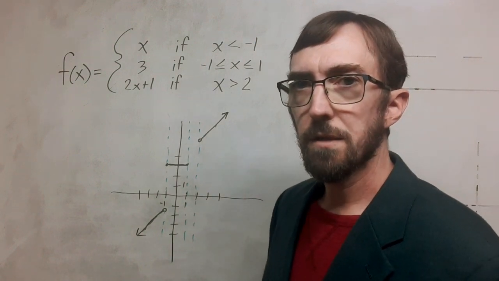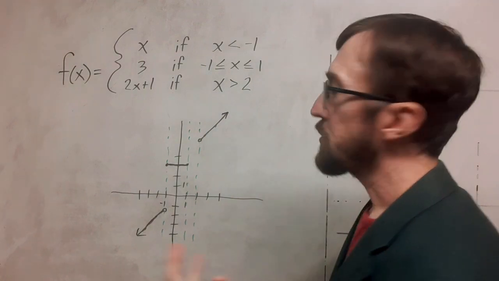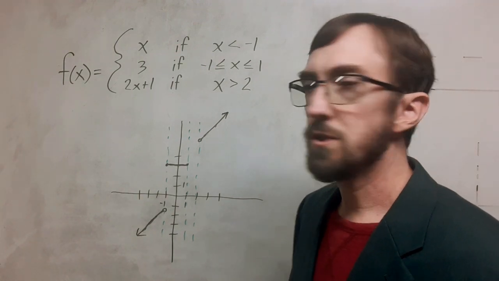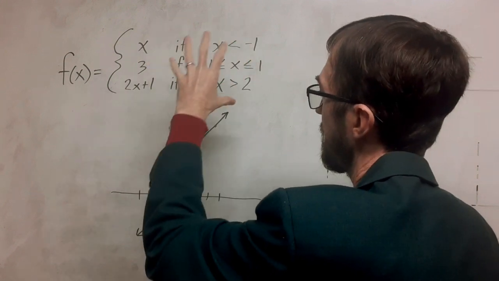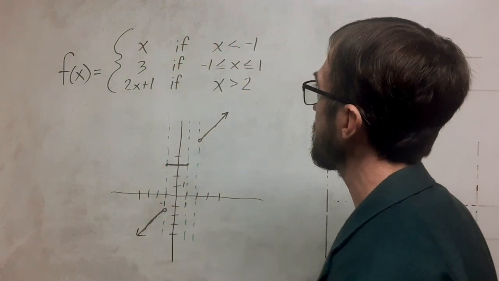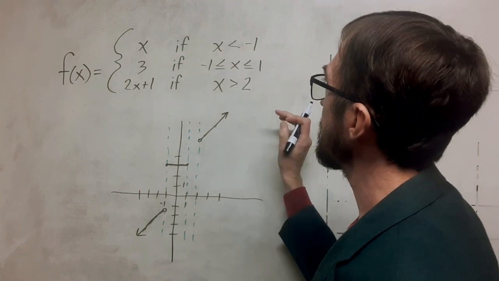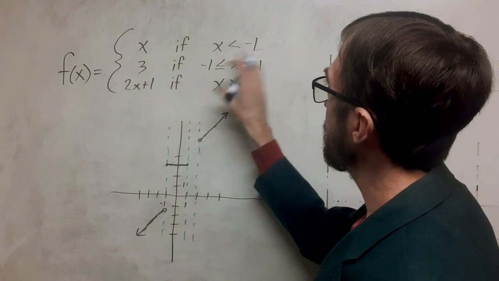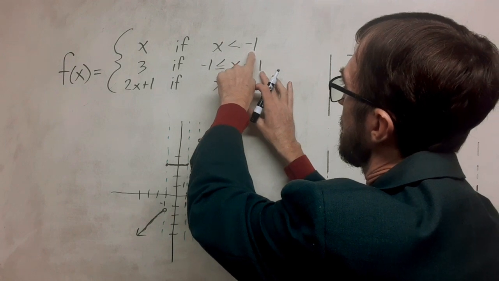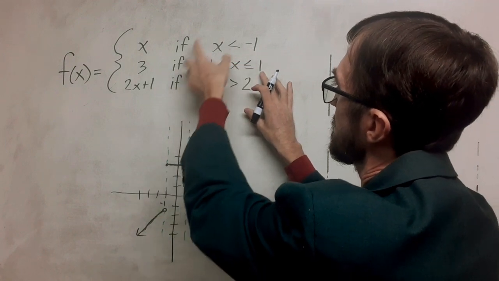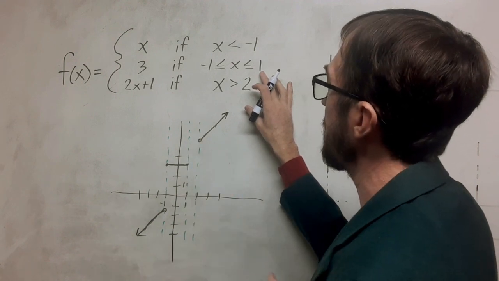Things that we typically like to discuss with functions are the domain and the range. The domain is almost told to us directly. It is comprised of these pieces here. I have every x value from negative infinity, there's no lower limit here, up through positive 1. I go from negative 1 here to negative 1 here, so this is a continuous piece of the domain.